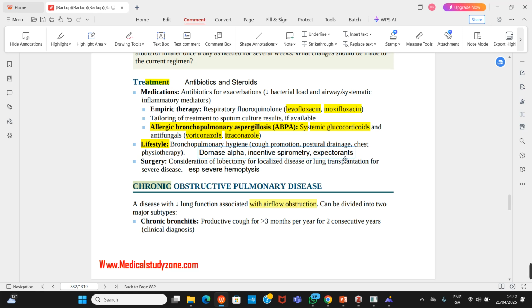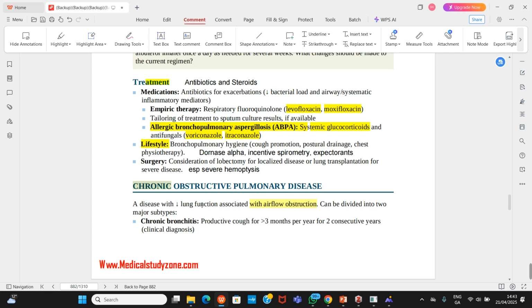Postural drainage, so they put their head down, and of course you can give mucolytics like dornase alfa. Sometimes it's very bad. You can do surgery, lobectomy for a localized one, or you can transplant the lung if it's very, very bad.